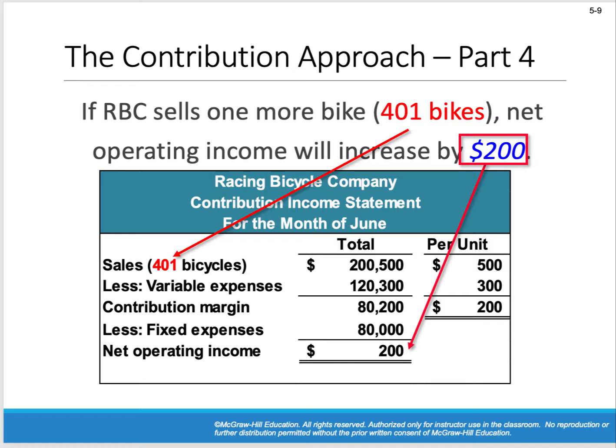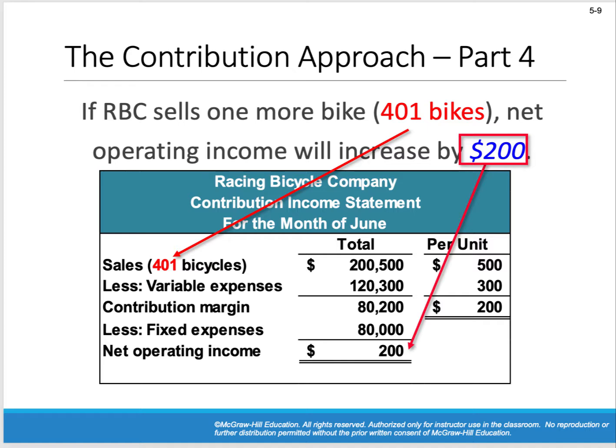In this case, the contribution margin is $80,200. The contribution first has to cover our fixed expenses. Okay, it does that, right? Our fixed expenses are $80,000, which gives us a net operating income of $200, which incidentally is the amount of our per unit contribution margin.